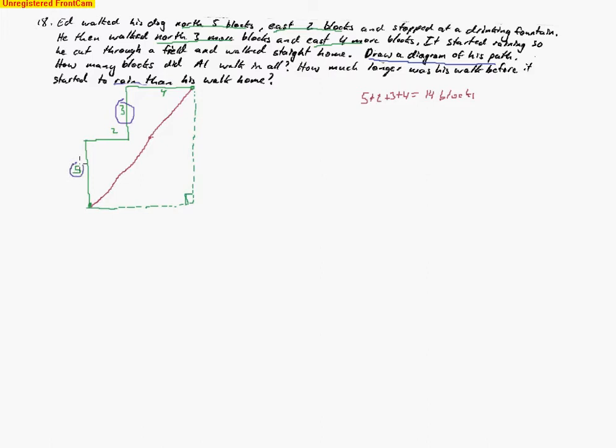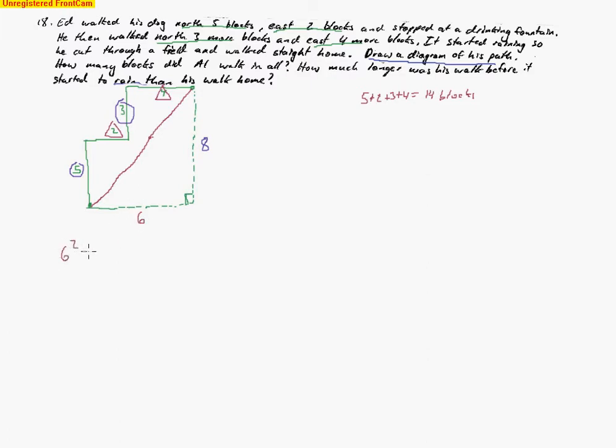So if we take those 2 and add them together, we end up with 8. And so that's that length there. And then let's go ahead and find out the horizontal length. Well, that's just this 2 and this 4. This line here is longer than both of those lines, since we're going in the east direction twice. So we combine those 2 together, and that's where we're getting 6. So now we know what those 2 lines are.